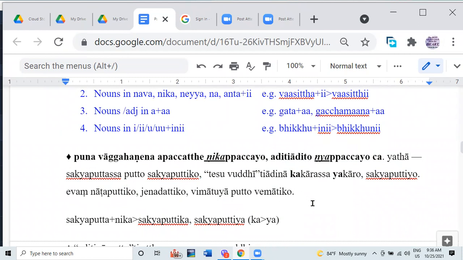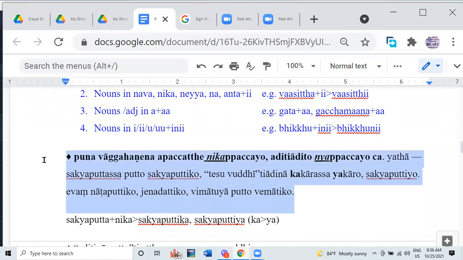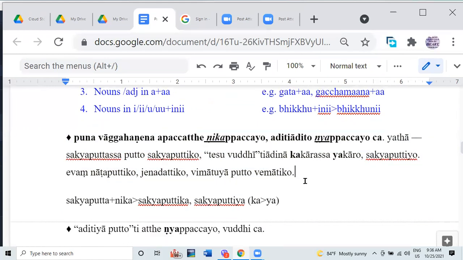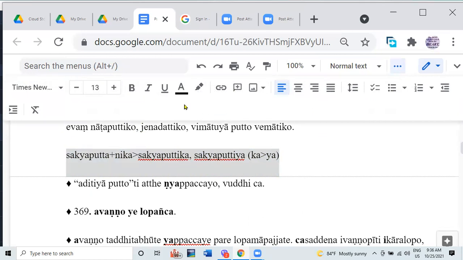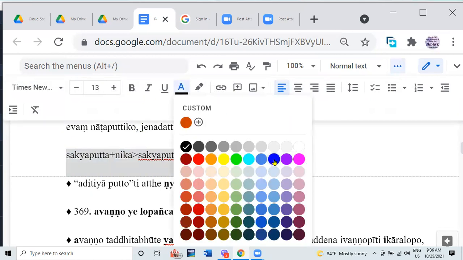The paragraph concerning Nyasapa will come soon. So here, this paragraph is only concerned with the Nigasapis. Okay, I see.